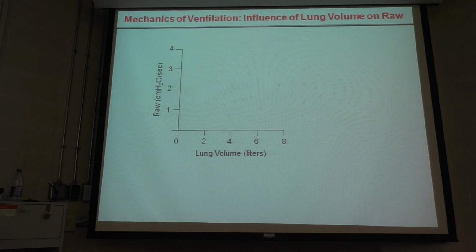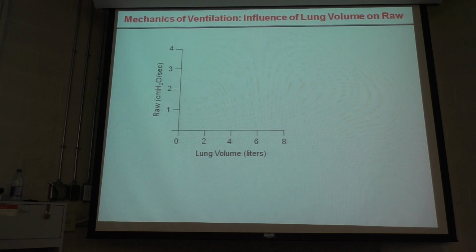Now we start getting into the relationship between breathing mechanics and airway resistance. Okay? So, if we look at the relationship between airway resistance and lung volume, here we're going from the lungs completely empty to the lungs completely full. And this is very, very low resistance, as if the airways are completely dilated, and this is as if the airways are completely puckered shut.